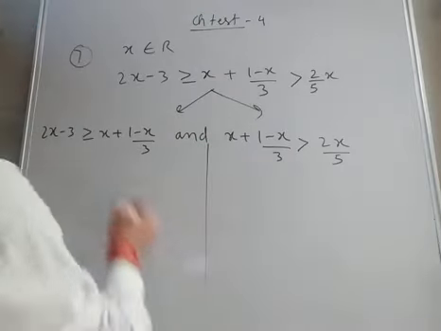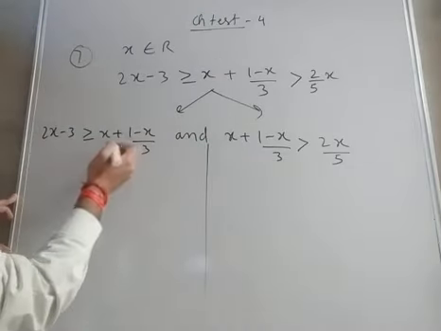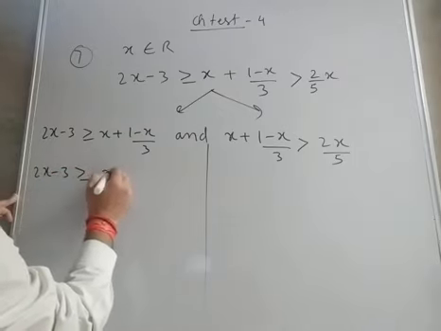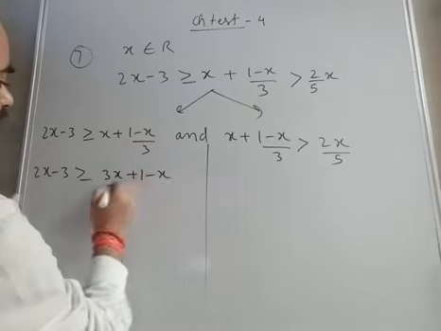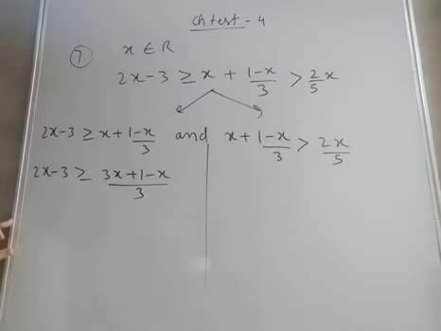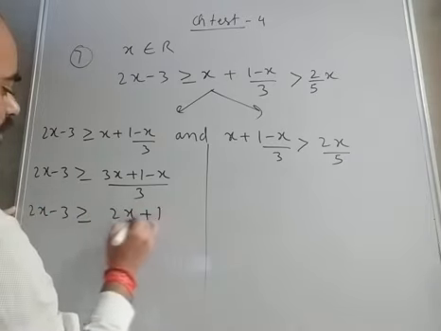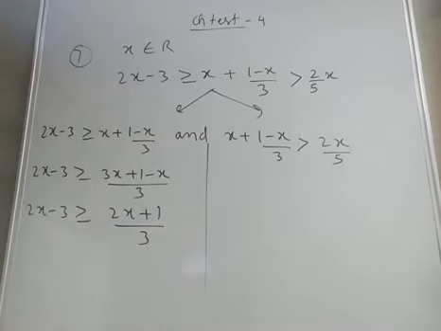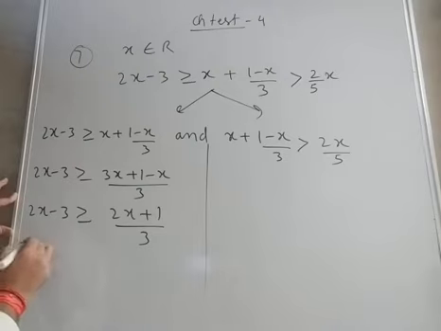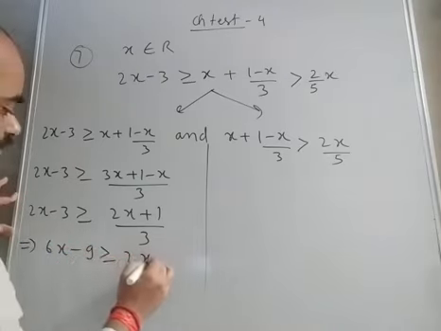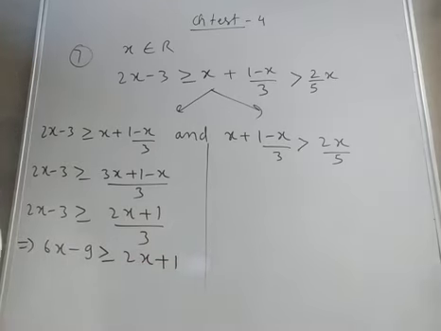Now solve. First, this can be written as 2x minus 3 greater than or equal to 3x plus 1 minus x upon 3. Correct? Now this will become 2x minus 3 greater than or equal to 2x plus 1 upon 3. Then cross multiply. This will become 6x minus 9 greater than or equal to 2x plus 1.